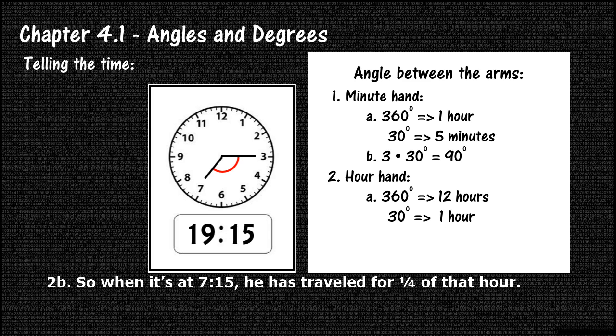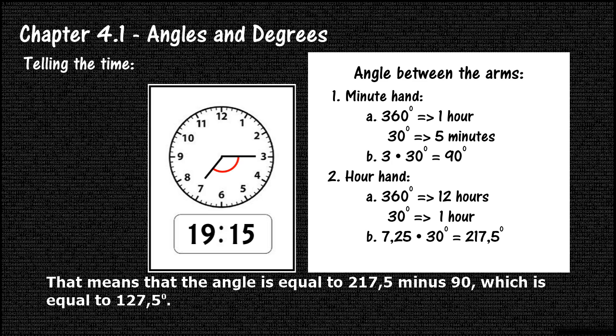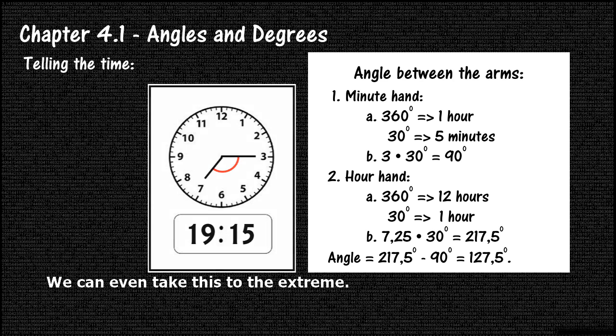So when it's 7:15, he has traveled 1/4 of that hour, meaning 7.25 times 30, which is equal to 217.5 degrees. That means the angle is equal to 217.5 minus 90, which is equal to 127.5 degrees.